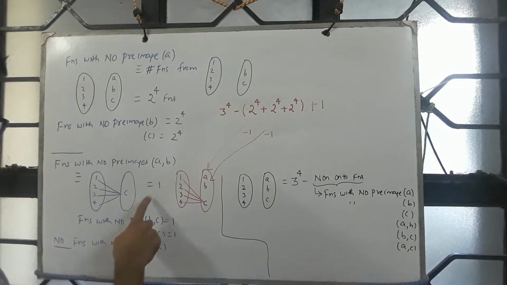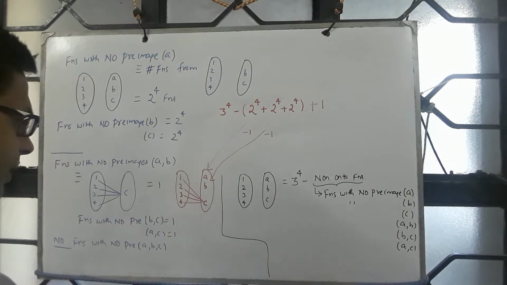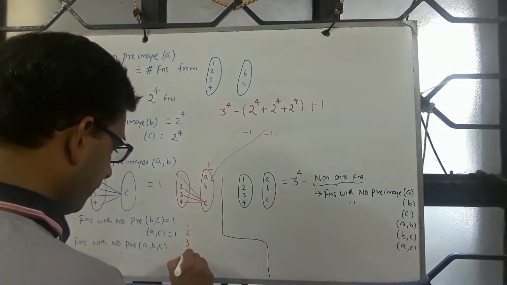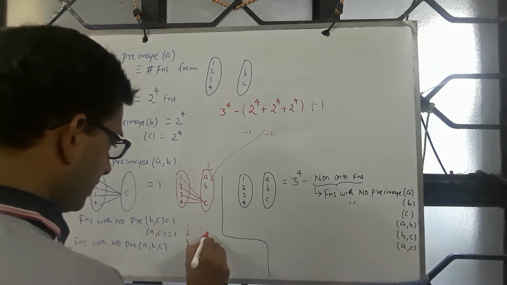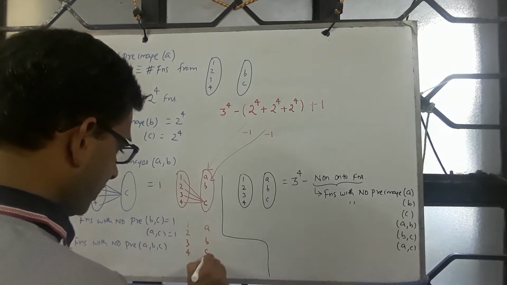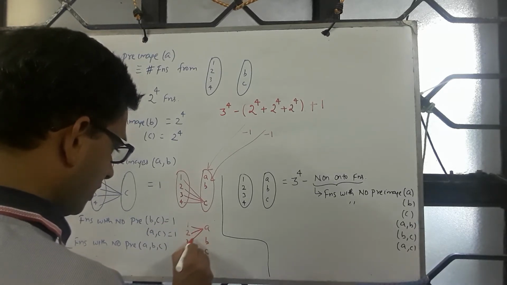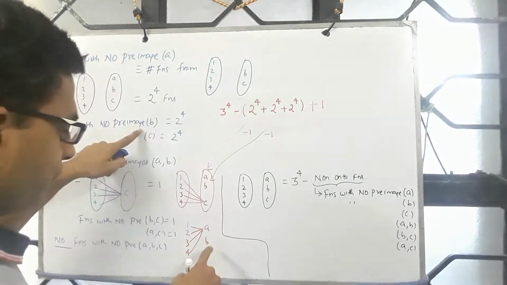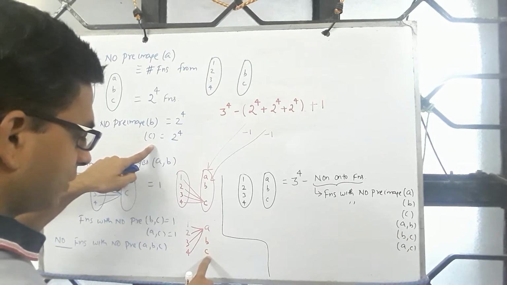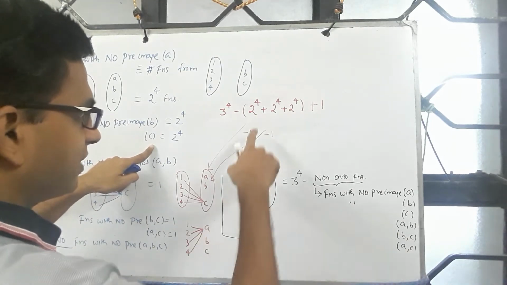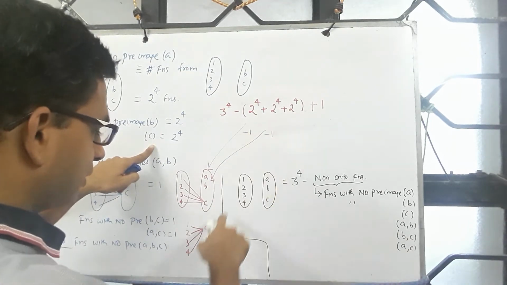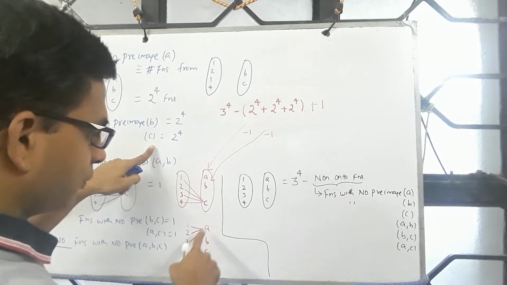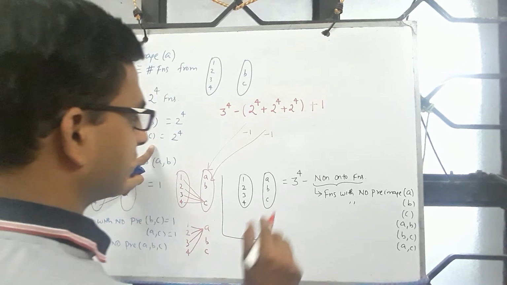So that's precisely this. On similar lines, if you look at 1, 2, 3, 4 and no pre-images for BC, this function we have counted once with respect to B and once with respect to C. So we would have subtracted once with respect to B, again with respect to C, but ideally we should have subtracted only once.